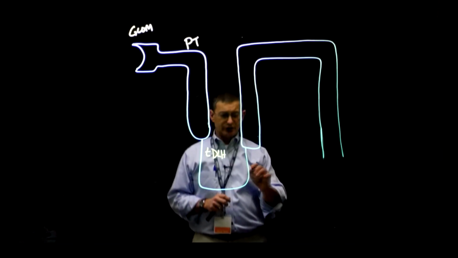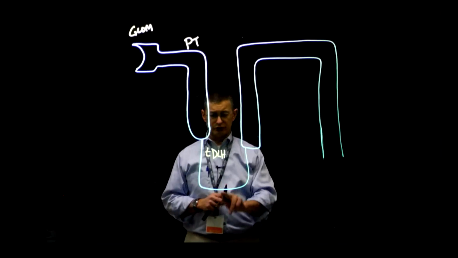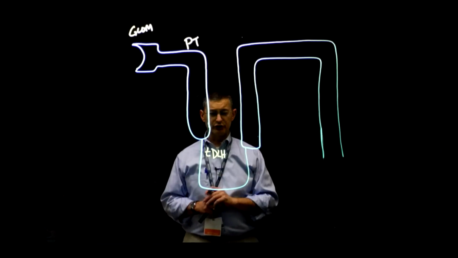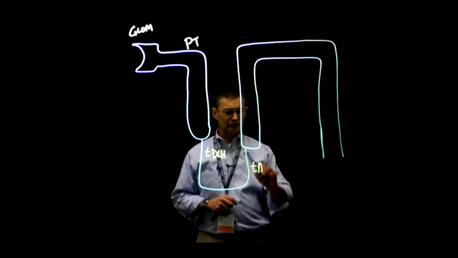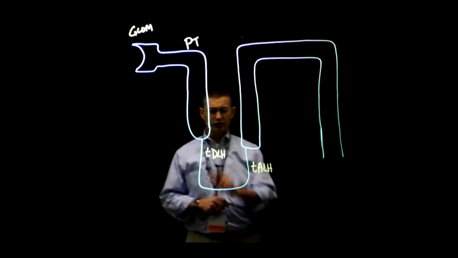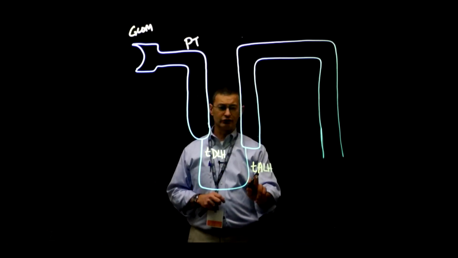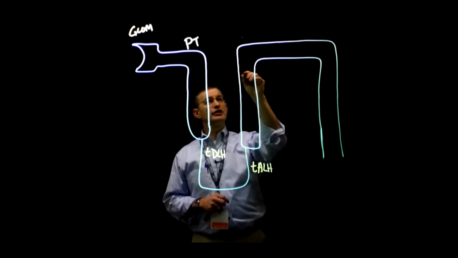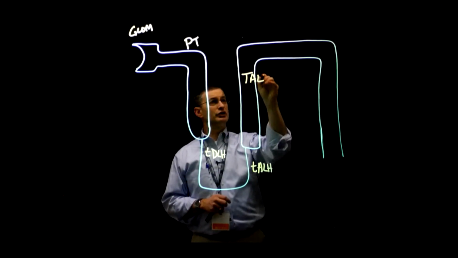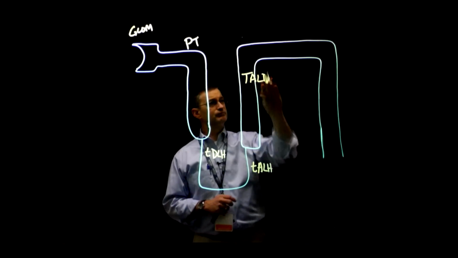Then we have the loop that comes down to the very deepest part of the kidney in some of these nephrons. We also then have the thin ascending loop of Henle, again with a lowercase t to differentiate the thin limb. And here we have the thick ascending limb of Henle.